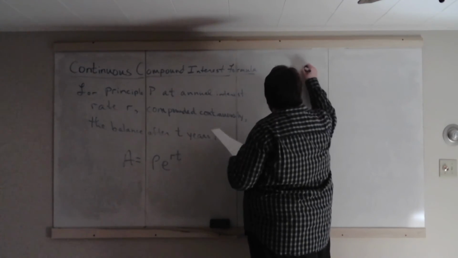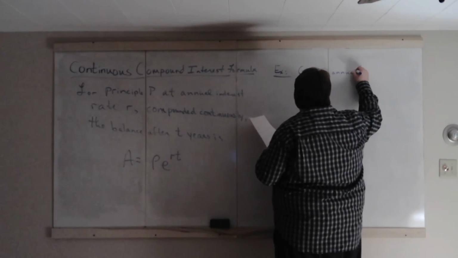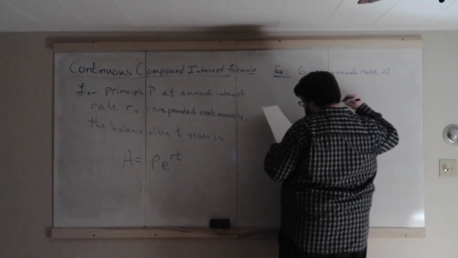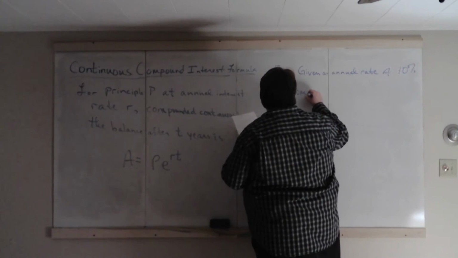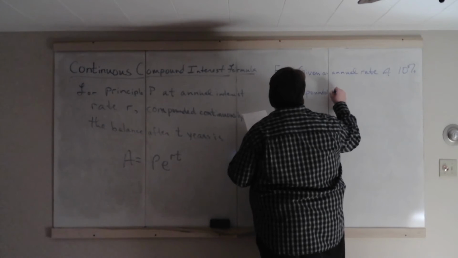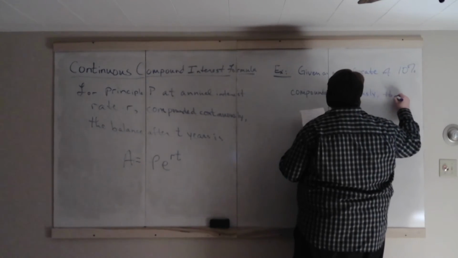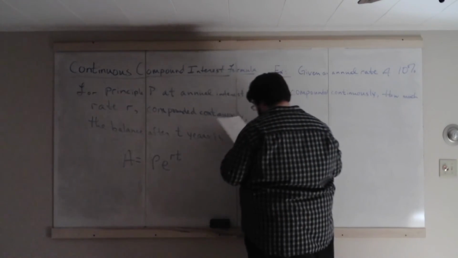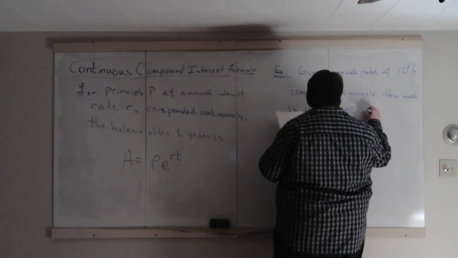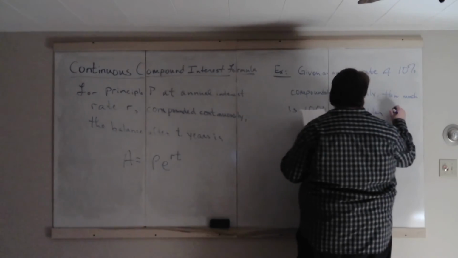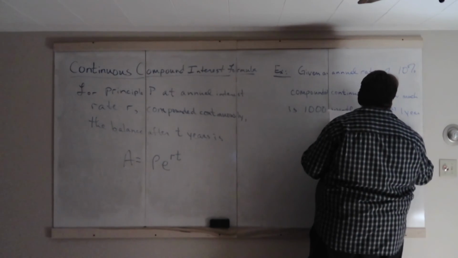So, given an annual rate of 10% compounded continuously, how much is $1,000 worth after 1 year, part A, and 5 years, part B?